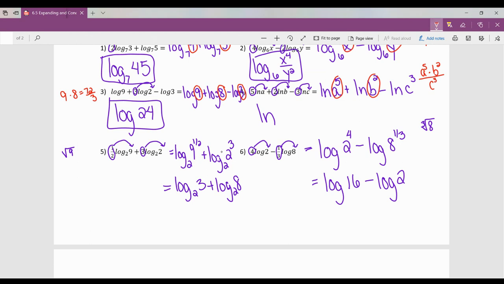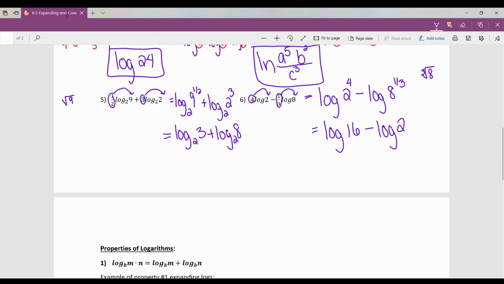Okay, so we're now going to go ahead and just copy that down right next to a to the 5th times b squared all over c to the 3rd. But technically I don't need that dot in between those two, so I'm going to just erase that multiplication dot because it's unnecessary.